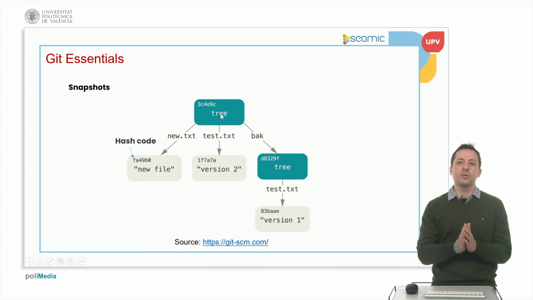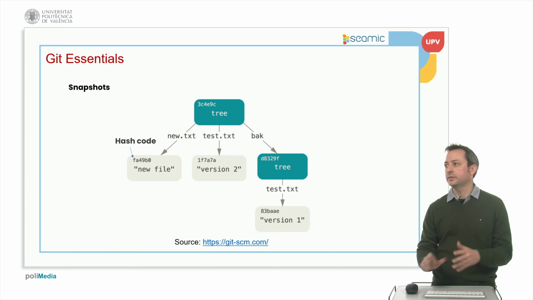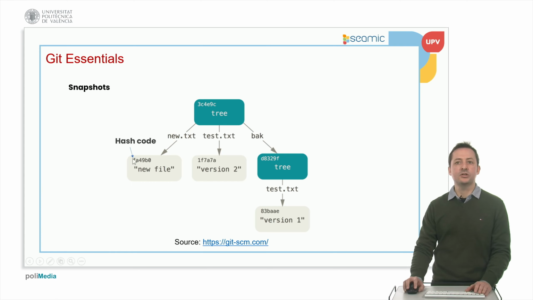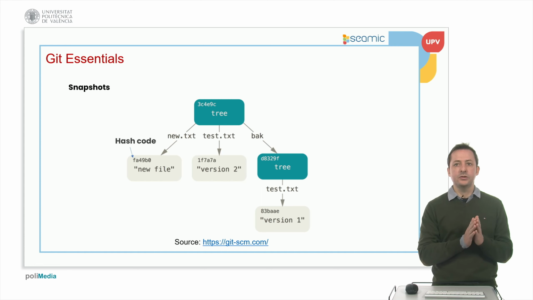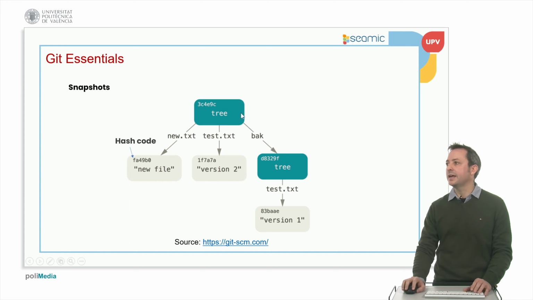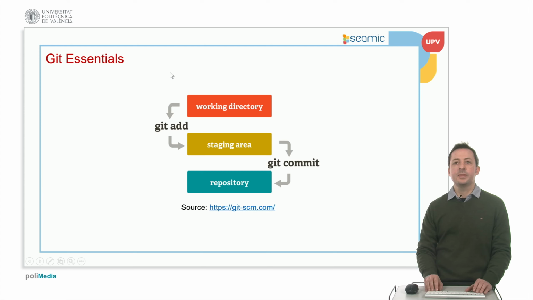Each time we create a snapshot, it is referred to with a hash code. This is a unique identifier in order to differentiate one snapshot from another. So if we write code and we have hundreds or thousands of snapshots, each one will have a unique hash code.